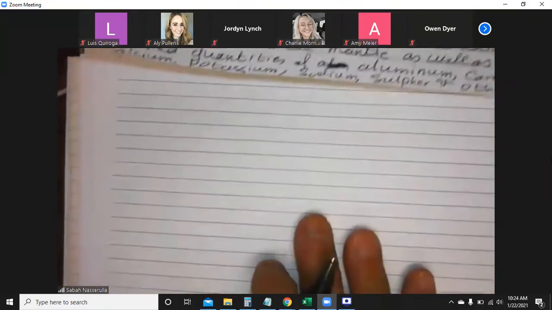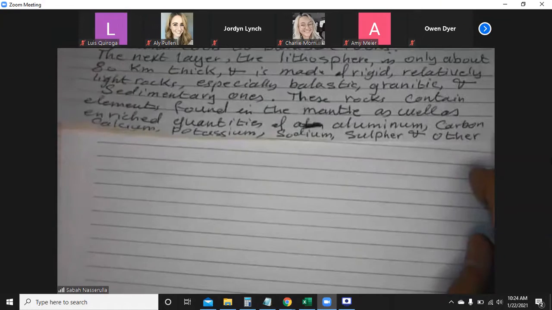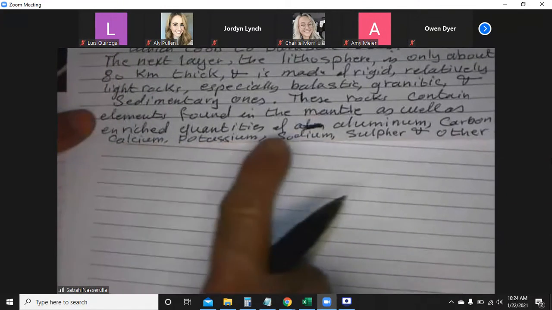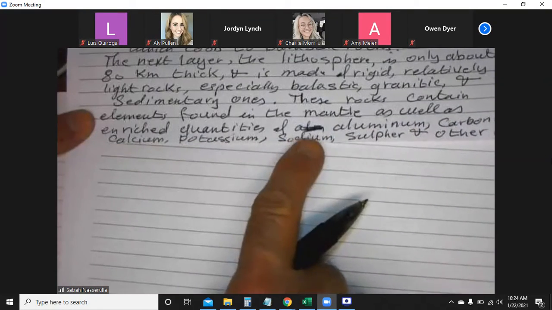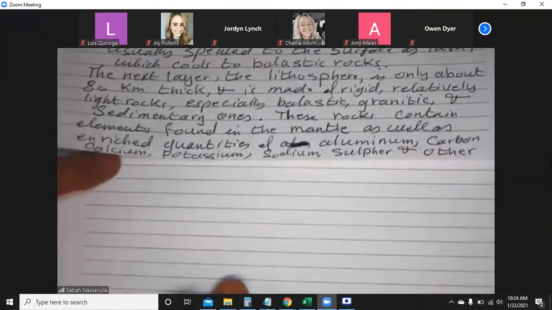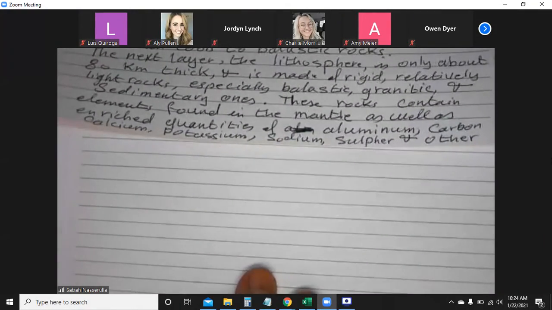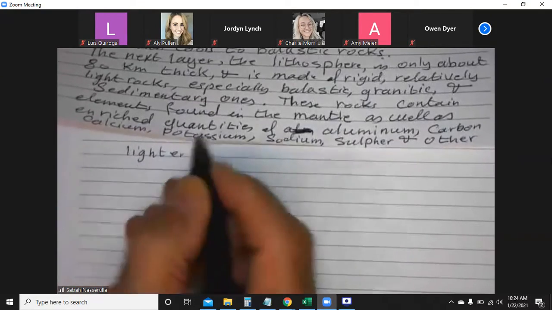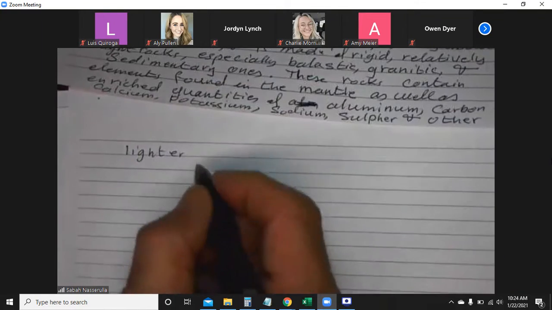I'm going to continue here, just to make sure that you can see it here. Okay, do you see that? Contain basically aluminium, carbon, calcium, potassium, sodium, sulfur, and other lighter elements.